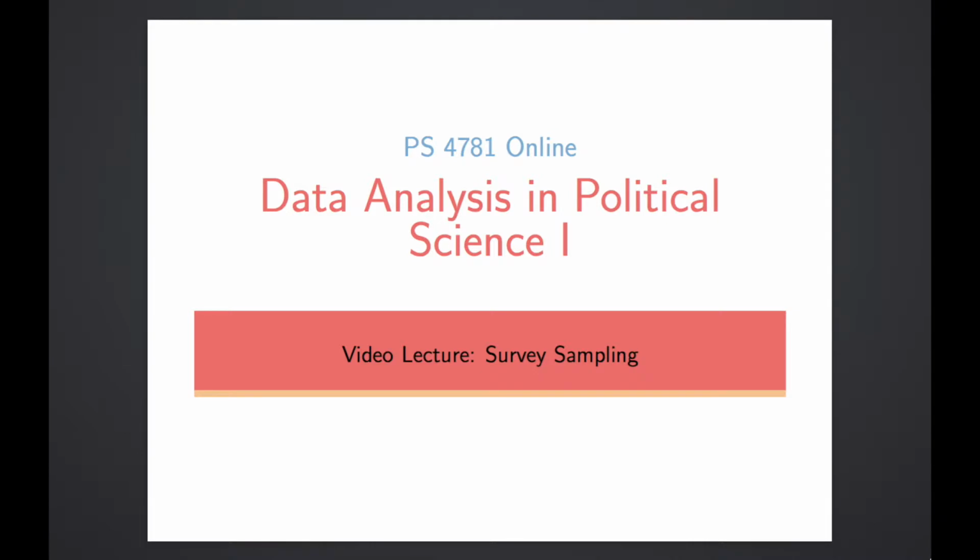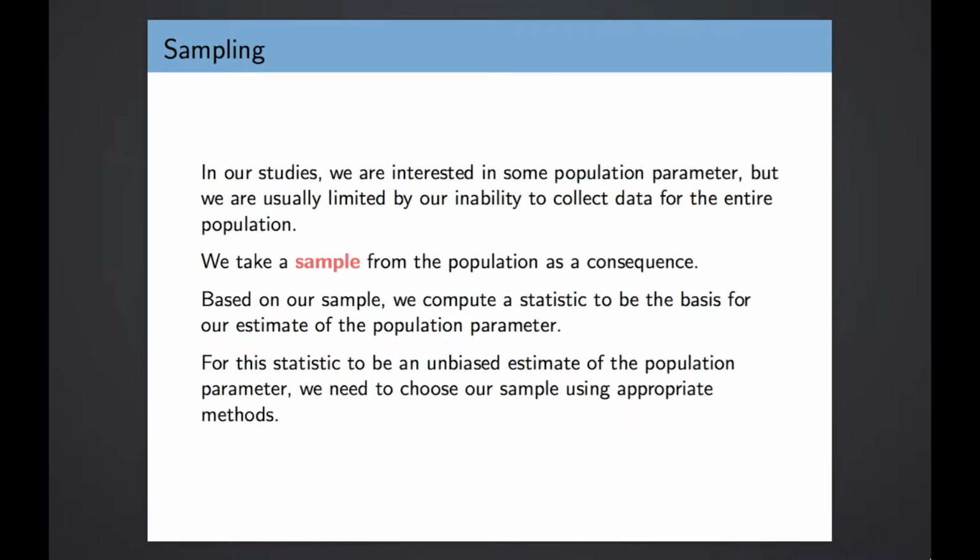But before we get there, let's talk briefly about why we sample in the first place. This is a little bit of a review from previous lectures, but just as a refresher, when we're doing a research project, we're interested in some population parameter, some feature of the population that we're studying.